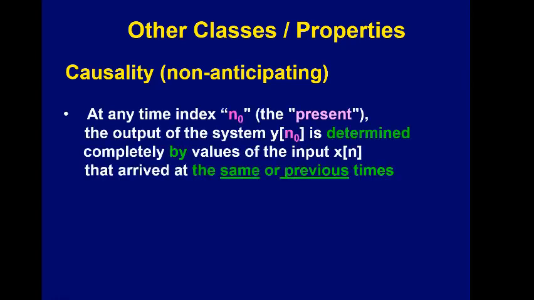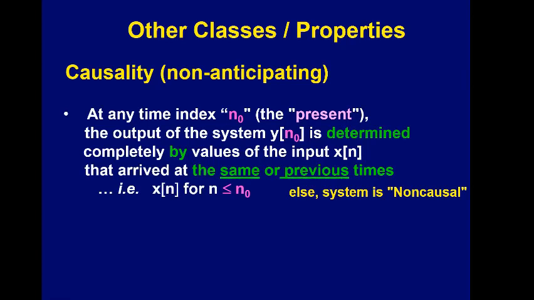So we could say that at any particular time index n sub 0 that we're defining as the present moment, if we're trying to compute the output for the system at that particular instant in time, it needs to be completely specified by information I already have available to me, inputs that are happening right now or that happened in the past. So the output must be dependent only on present inputs or past inputs, not future inputs. If we need a future input to compute the current output, that's a non-causal system.